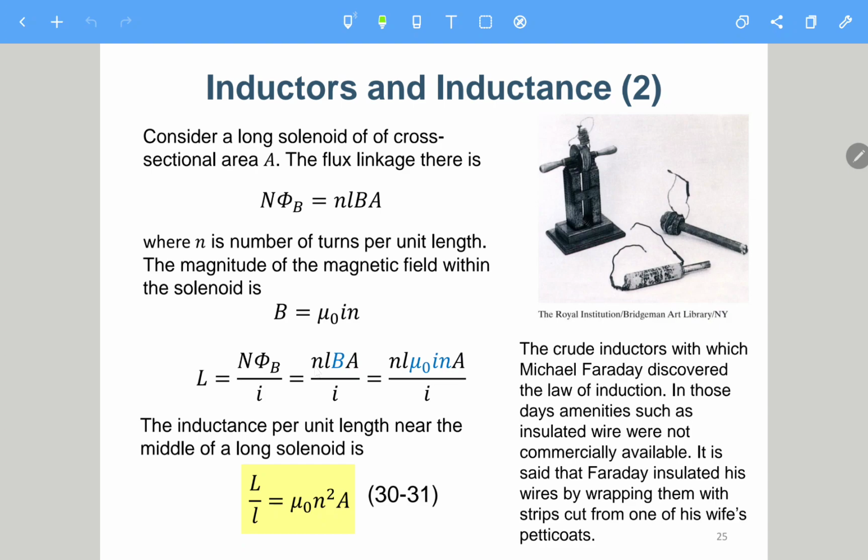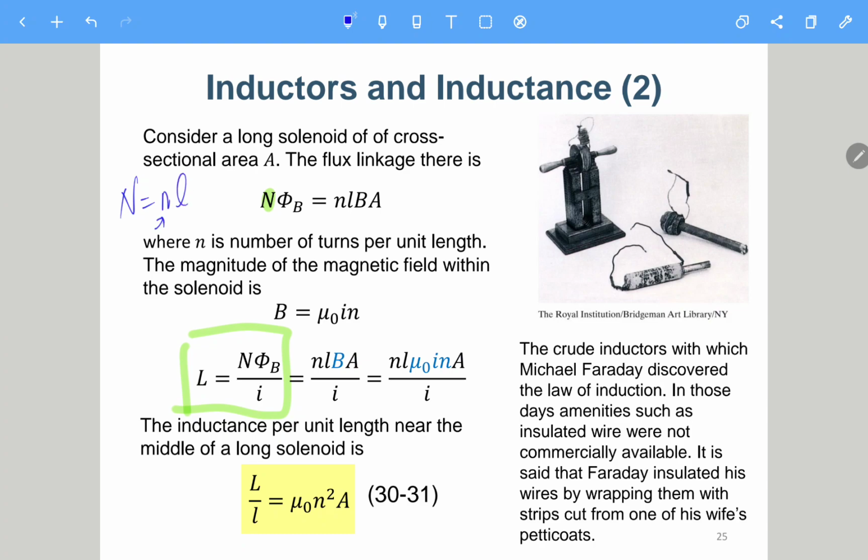Because this is actually the definition of the inductor, you can try to explain this term. On the top we have n times phi b. Here n is the total number of turns, and we try to express this by small n times the length.